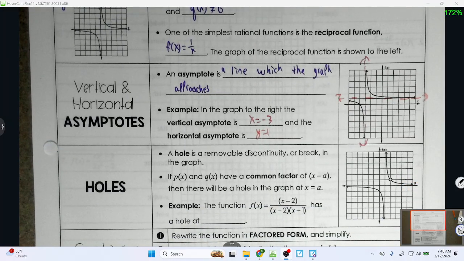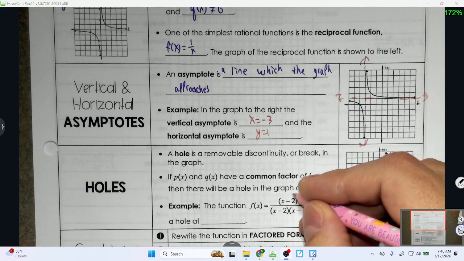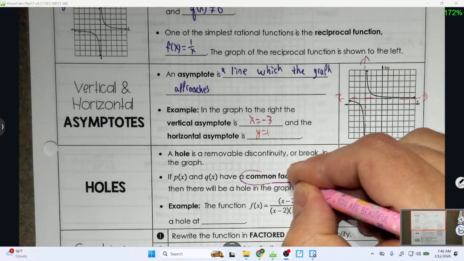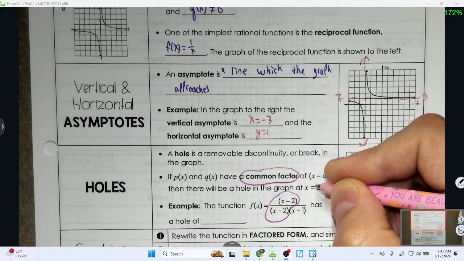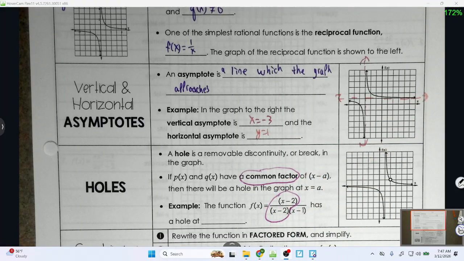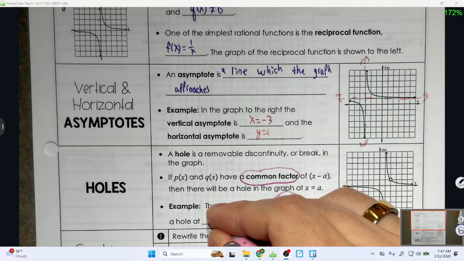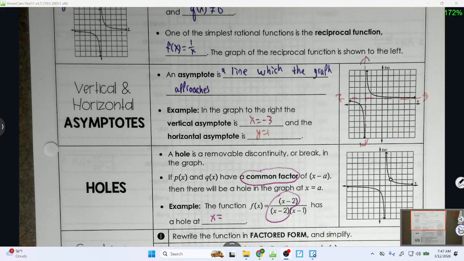And a hole is actually when you have a 0 on the top and the bottom. So if you notice here, you'll see that there's a common factor. And this common factor means what number gives you 0 over 0? X equals 2.